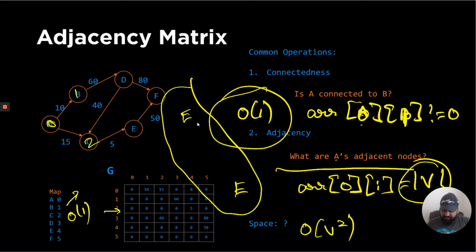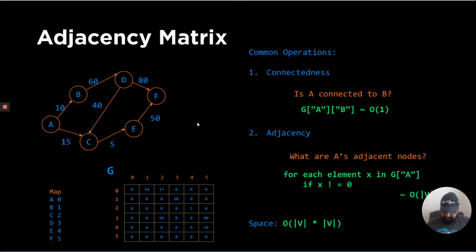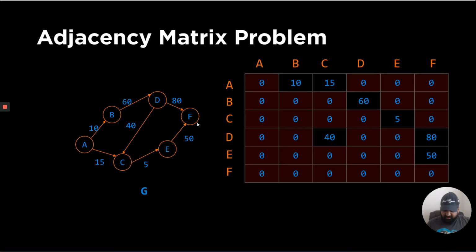Now, this way of representing graphs in the form of an adjacency matrix works really well for dense graphs, which is, if they are connected and we have a lot of values in this matrix, this is the best we can do.